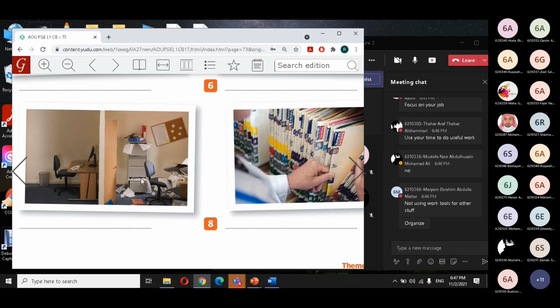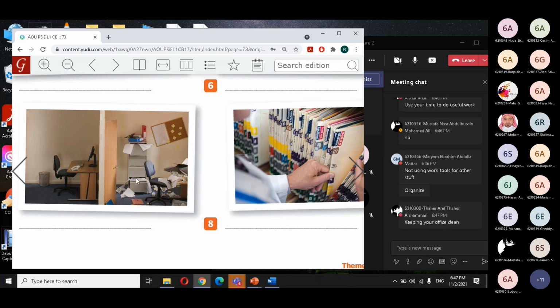This is the workspace. Workspace means the place where you work. Excellent. Keeping your office clean. Look, one here. This is tidy, clean, organized. Look here. It's a mess.